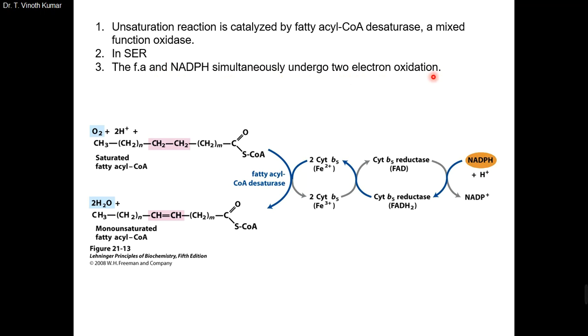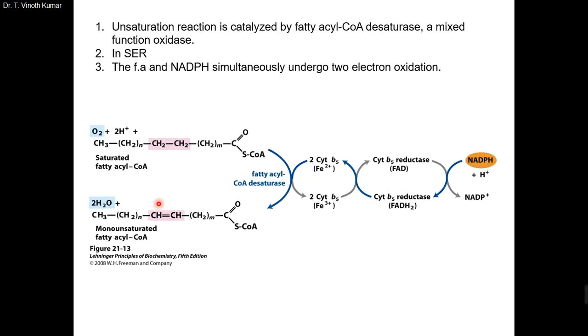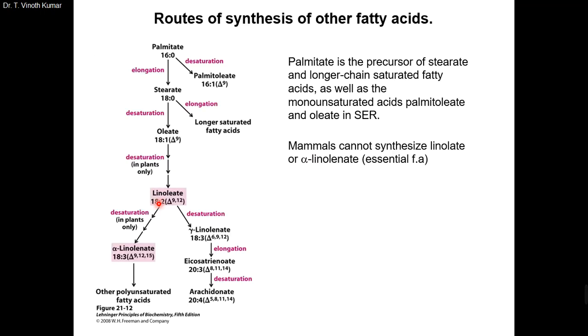So 2 electrons are involved, and the 2 hydrogens are donated by NADPH. So NADPH is also very important for the desaturation process. Right. So with this we can complete all the biosynthesis and regulation of fatty acid synthesis from palmitic acid, and from palmitic acid to subsequently other fatty acids.